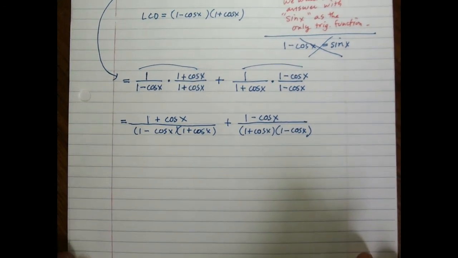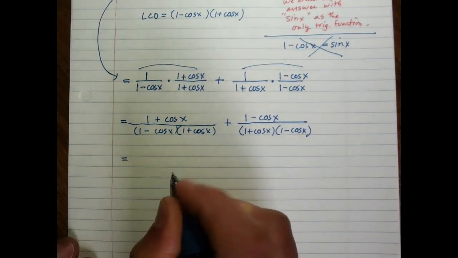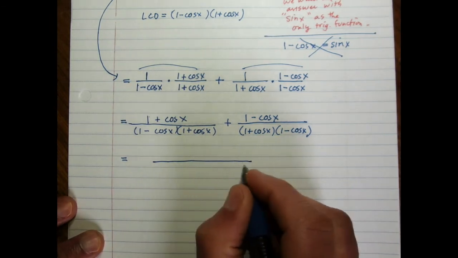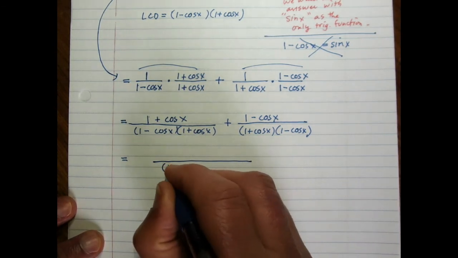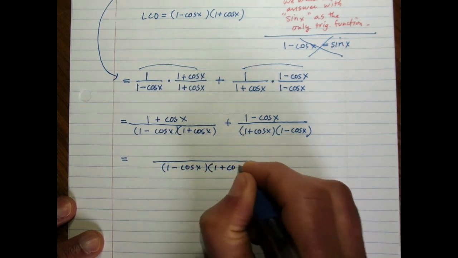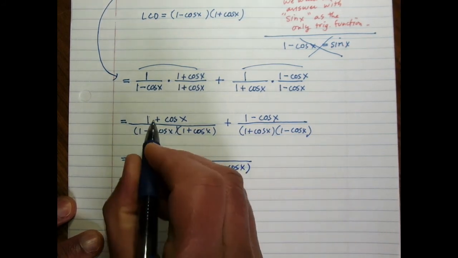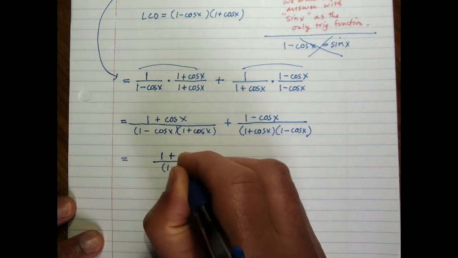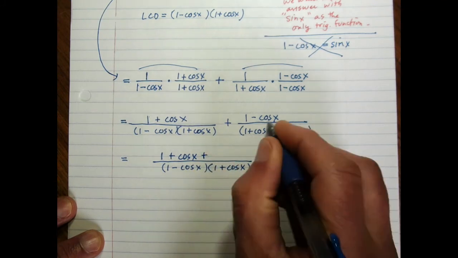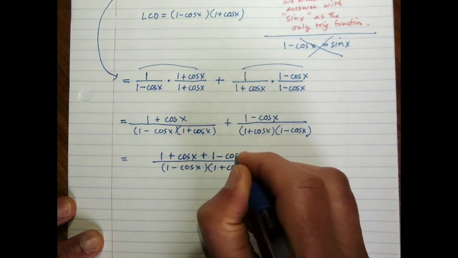Because I have a common denominator, though, I can combine these and write these over the common denominator written just once. And in the numerator, I write 1 plus cosine x, this numerator, plus that numerator, 1 minus cosine x.